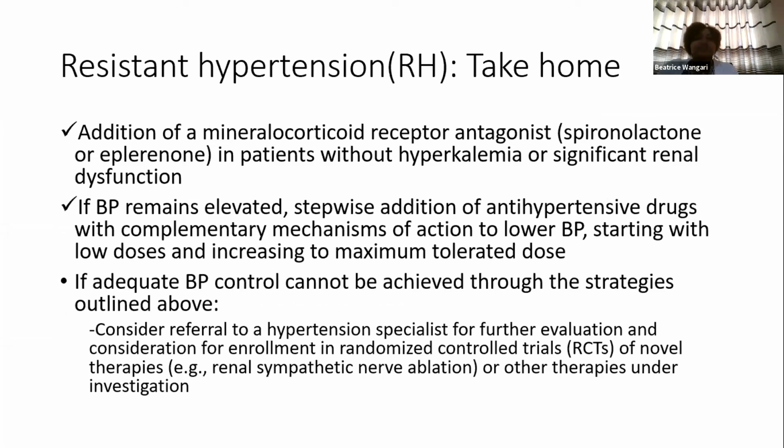And if BP still remains high, then the way forward is a stepwise addition of other agents with complementary mechanisms of action. Start low and build up, because with all these medications, the side effects are sometimes quite challenging.